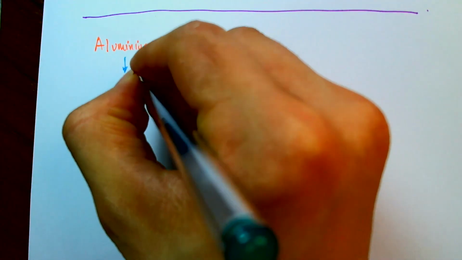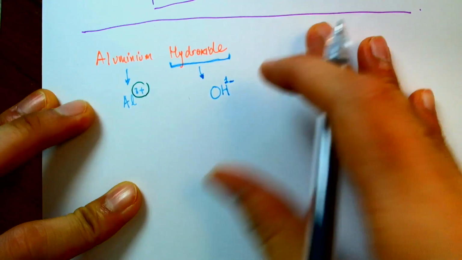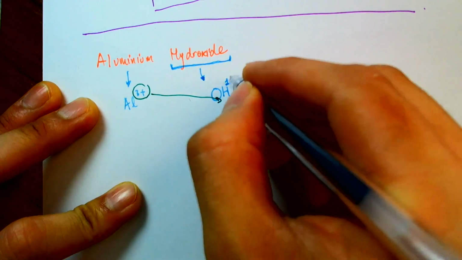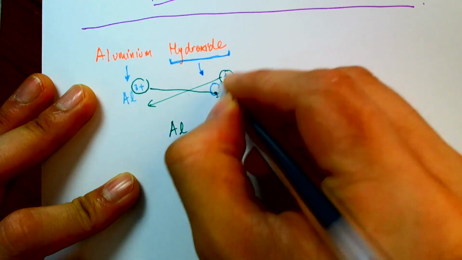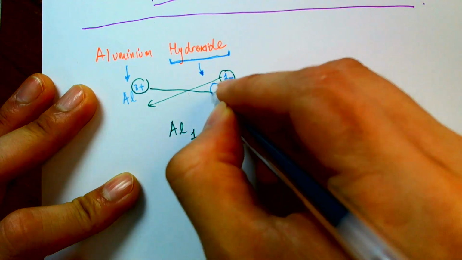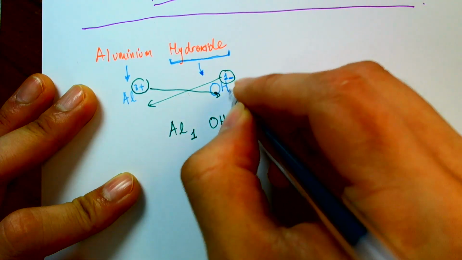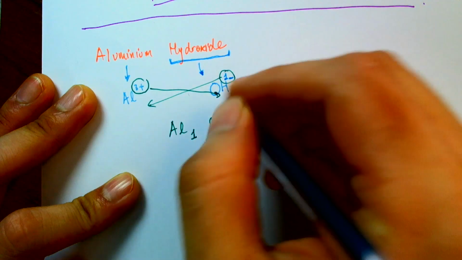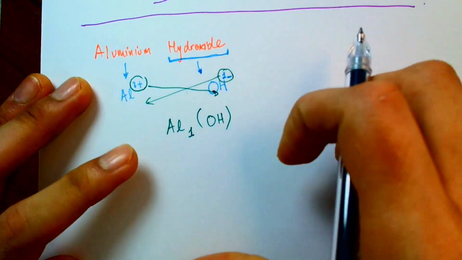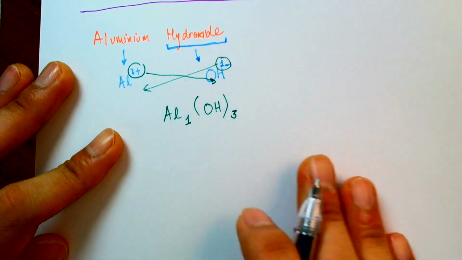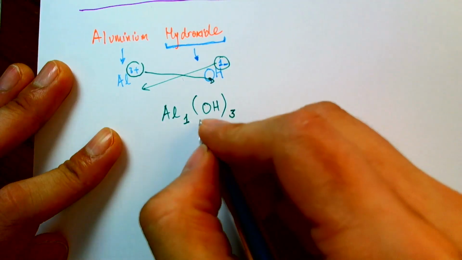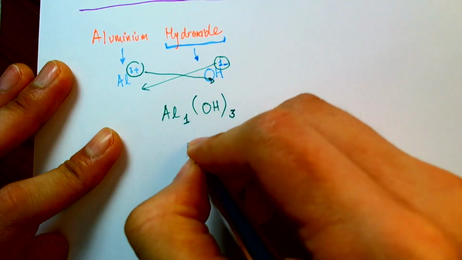To figure out the ionic formula, I'll take this 3 and bring it down there, this 1 down here. So aluminum gets that 1. Hydroxide as a whole, don't forget to put the parentheses in, gets that 3. So I can drop the 1.